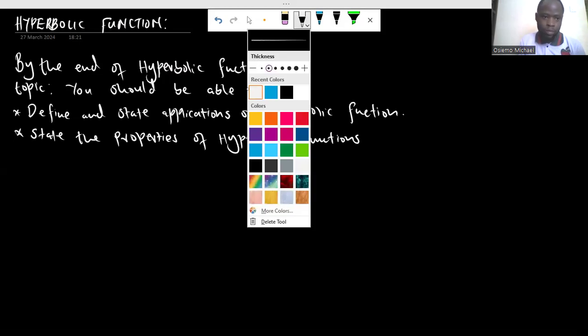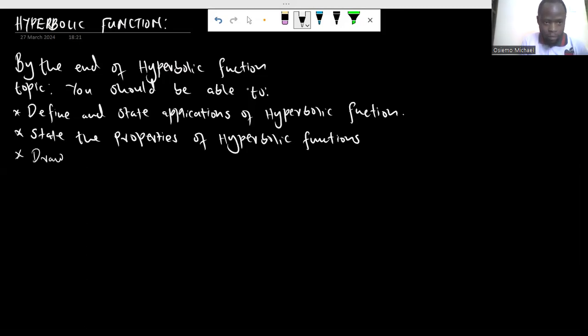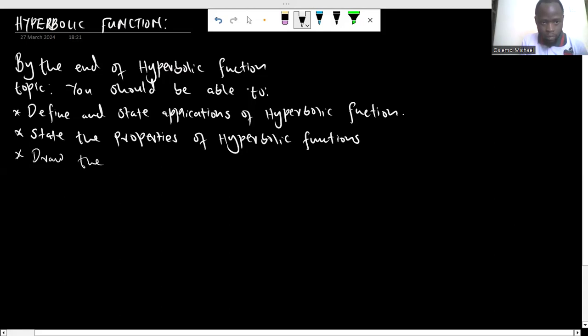Also be able to draw the graphs of hyperbolic functions.